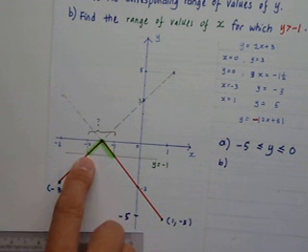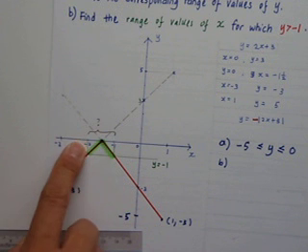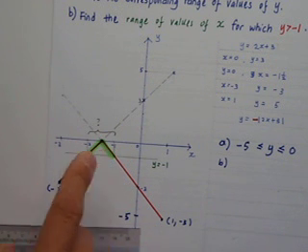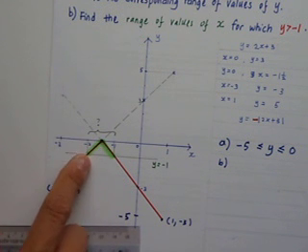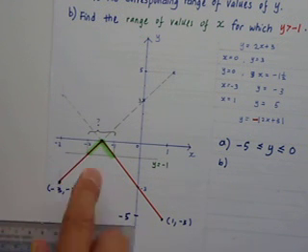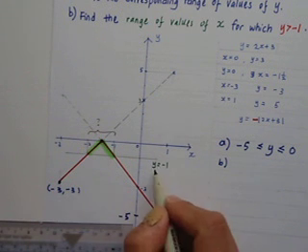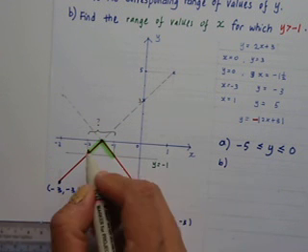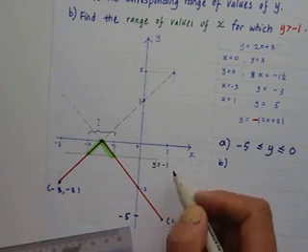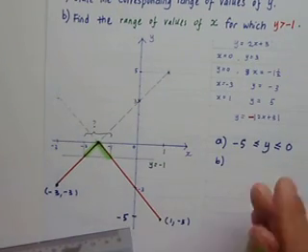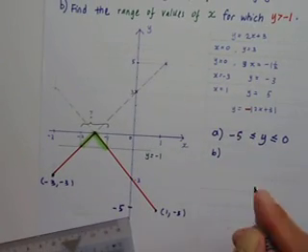Of course, because I drew this graph quite accurately, you can read the two points, minus 2 and minus 1. But if your sketch is not drawn to scale, you may not be able to read these two points, so you need to compute the two values. You can compute them by substituting y equals negative 1 into the original function.